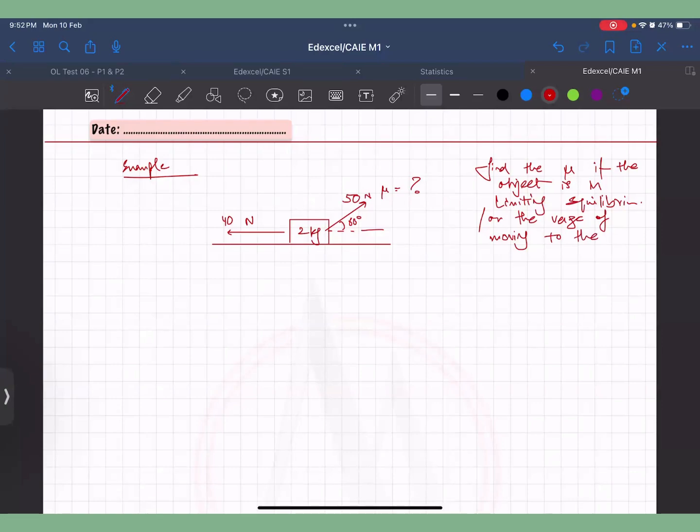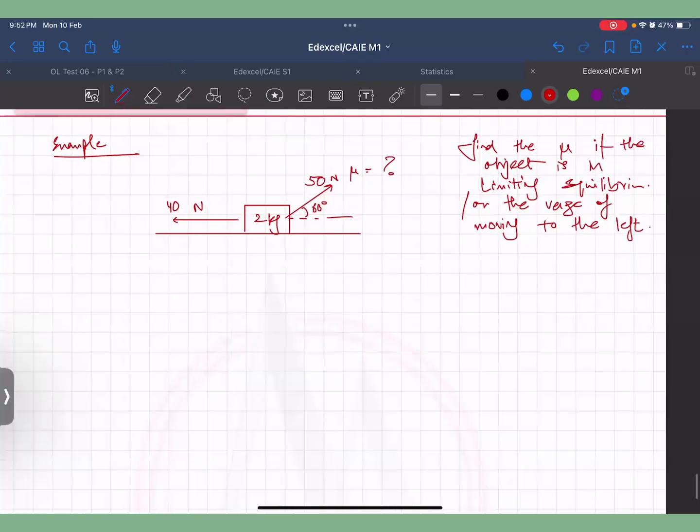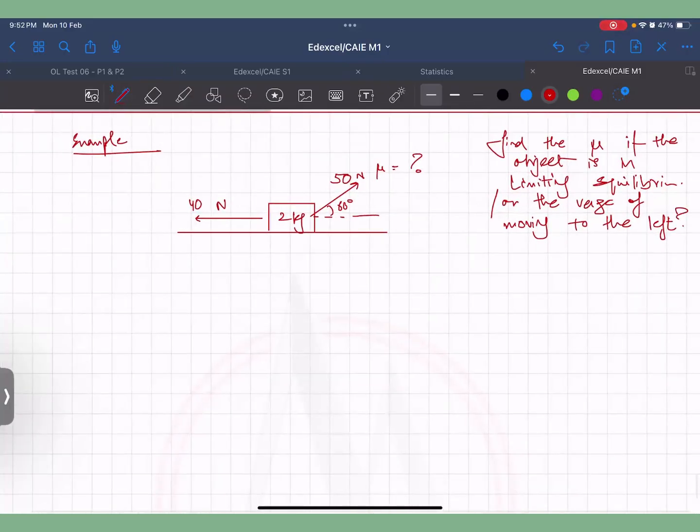Limiting equilibrium, I told you, is when the force trying to cause the motion is exactly overcome by the force of friction. If that force is slightly higher, the object will start to move.